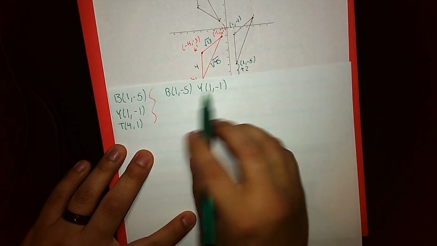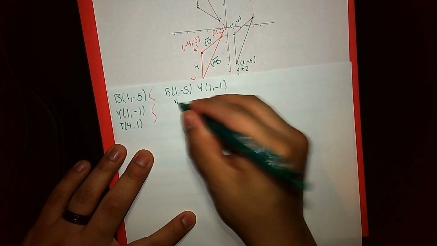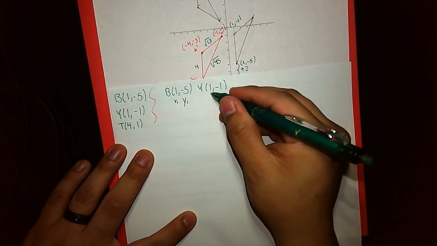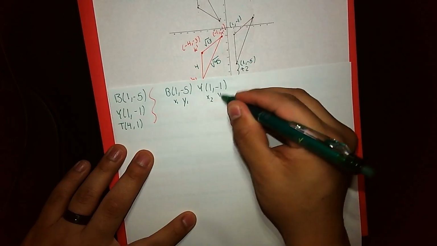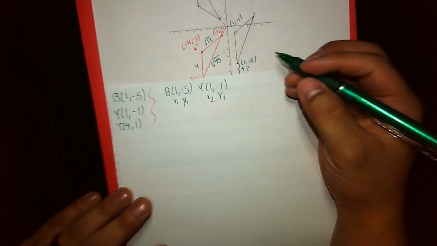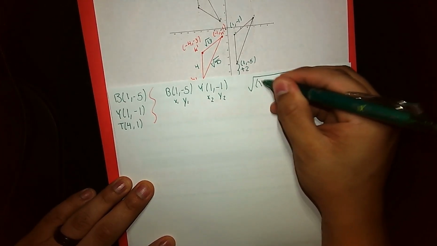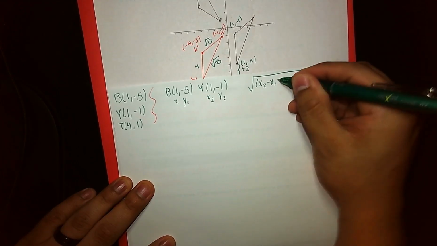Again, I can act like this is my x1, y1, and this is my x2, y2. And we're just going to plug into the distance formula. I'm going to write that quickly here. You don't have to write this down. This is just for reference, so you see what I'm doing as I'm doing it.